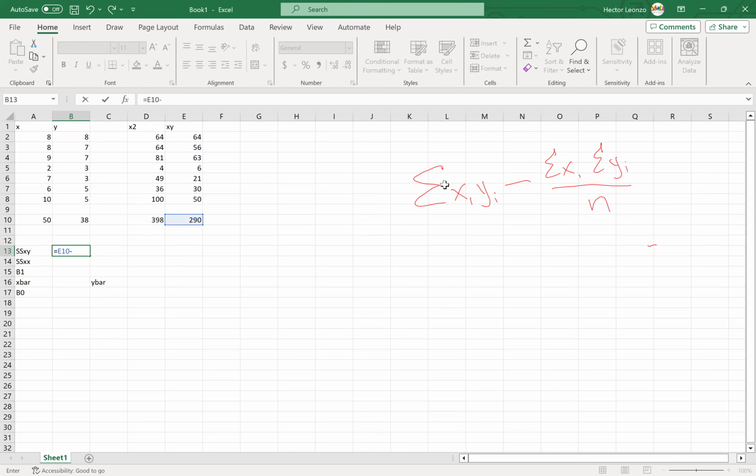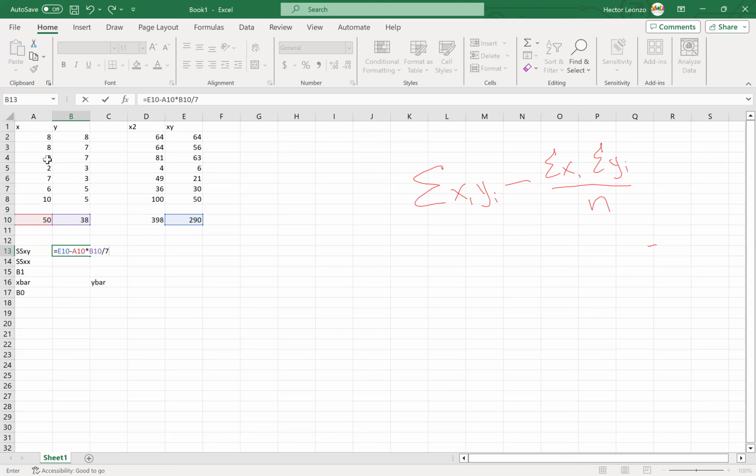So sigma x, that is this number, 50, times sigma y. So looking at the y's, the adding of the y, divided by, so I do slash n. N is basically how many values was I given on each row. And there's 7. We can count them. So I'm just going to write 7.